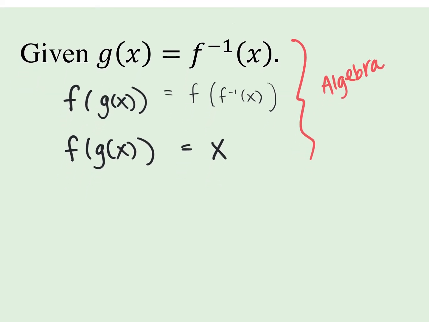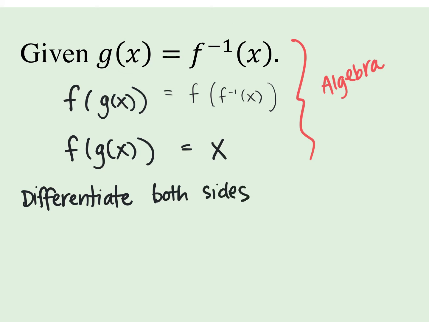Yeah, that's one way to write it. I said just wait, we're going to. So how do we take the derivative of f of g of x? Chain rule. What do I take the derivative of first? So our next thing is to differentiate, and what you do to one side, you do to the other. So we're going to differentiate both sides. We start with the outside, f prime. What do we do to the inside? Nothing. We leave it completely alone.